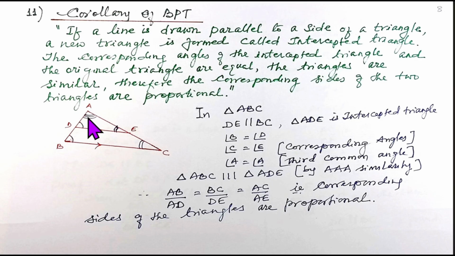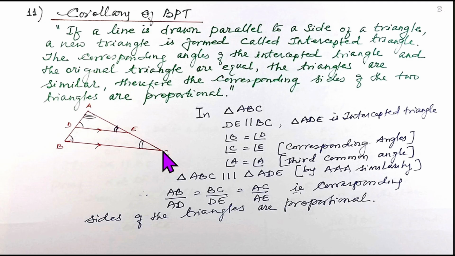If you see, angle A is common to both the triangles ADE and ABC. DE is parallel to BC, therefore angle B and angle D are equal because they are corresponding angles. So also angle C and angle E are equal because they are corresponding angles, and therefore the three angles of triangle ADE and triangle ABC are equal. Therefore the triangle ADE is similar to triangle ABC.